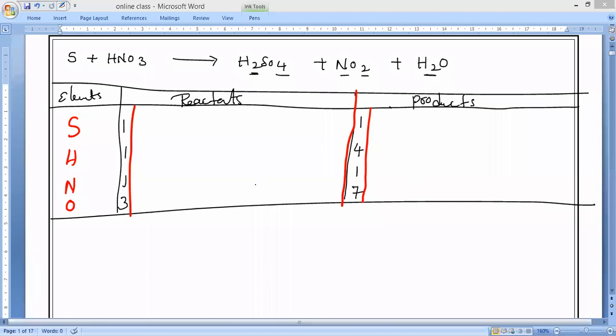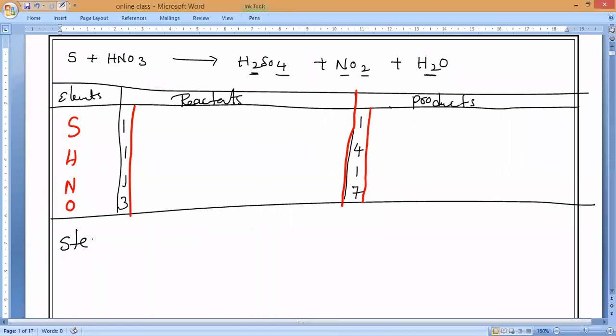So let us go with step 2. Sulfur is balanced. Then the second one, hydrogen: here 1, and here 4. So which side will we balance, reactant or product? Reactant. Sulfur 1 balanced.